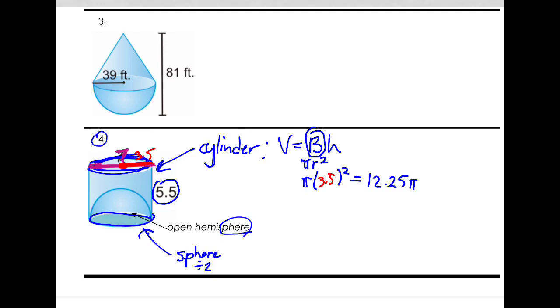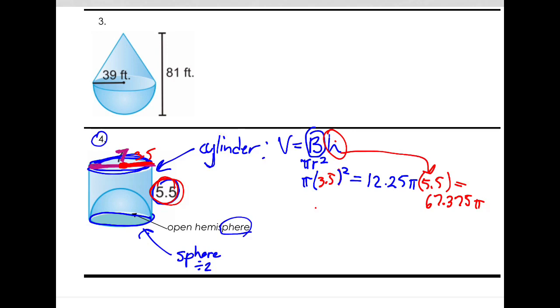So that's our big B, and then we multiply it by the height of the cylinder, which the entire height, notice right there on the side, is 5.5. So therefore our volume of our cylinder is equal to 67.375 pi. Alright, so that's what we have for the volume of the cylinder.